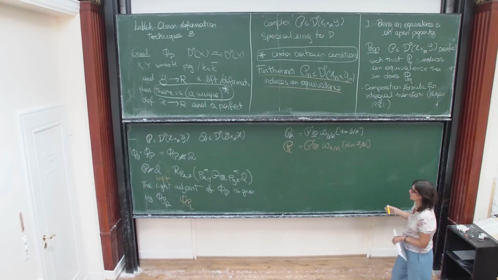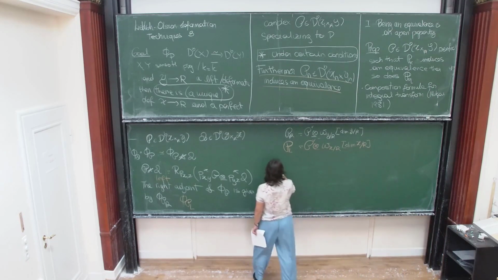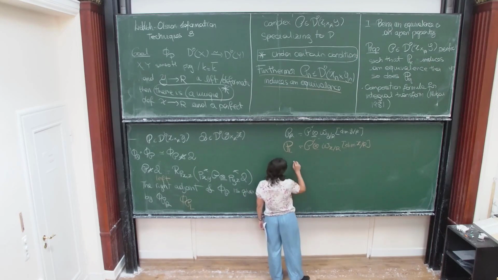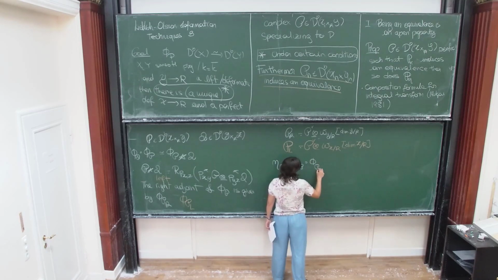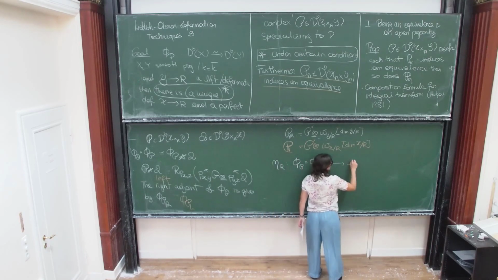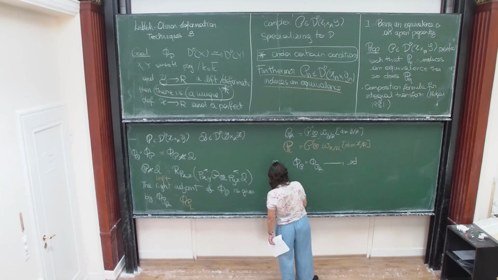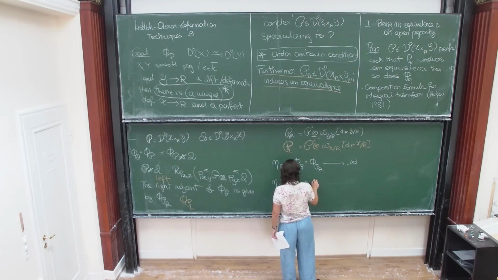Okay, so now since they are adjoint, we have natural morphisms of functors from Φ_P composed with Φ_{P_R} into the identity functor, and from the identity into Φ_{P_L} composed with Φ_P.